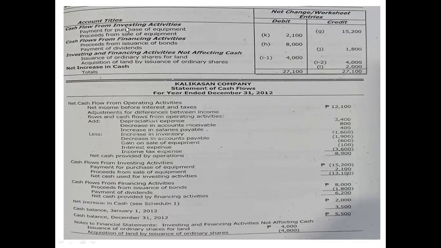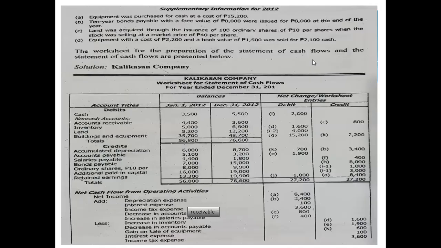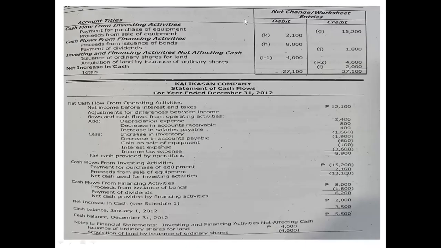So cash flow from investing activities. Payment for purchase of equipment. So that's 15,200. Equipment was purchased for cash at a cost of 15,200. So that's a credit, because you pay cash.